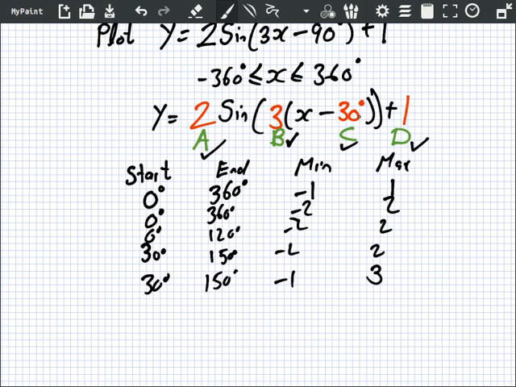These 4 are independent. They don't affect each other. So that's why I was able to look at them one at a time. Do you know what I mean when I say they're independent? I mean that I could make A 200 and it doesn't care. These 3 don't change and their effects don't change.